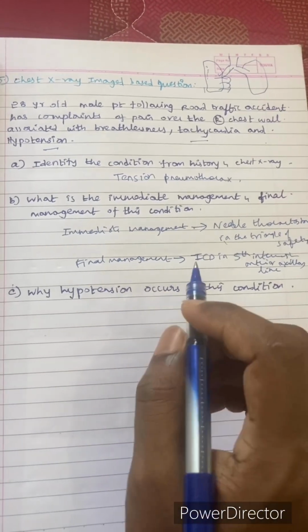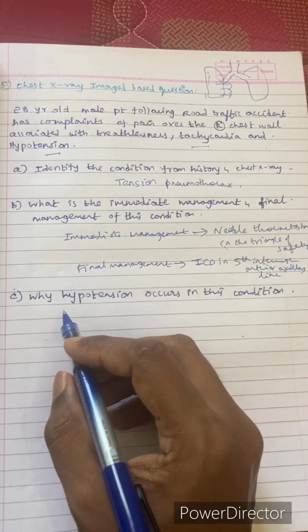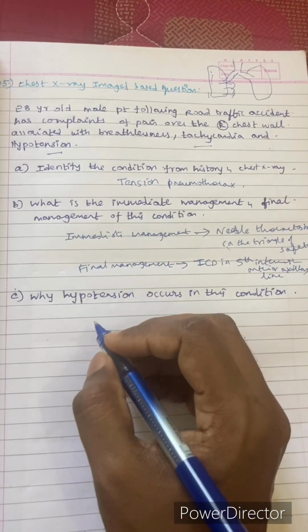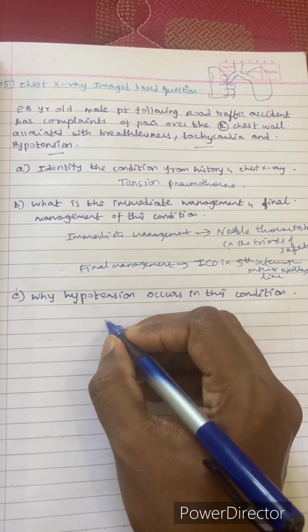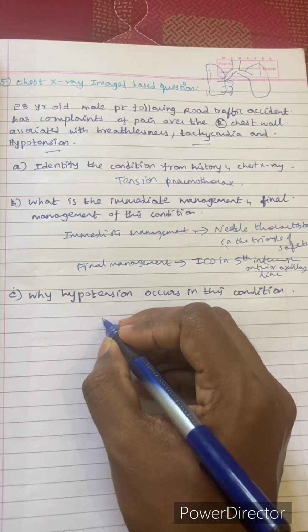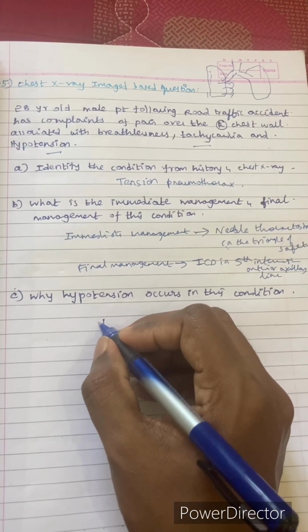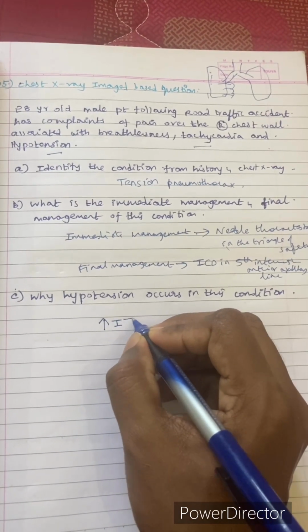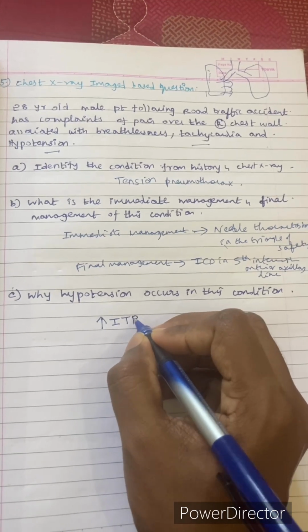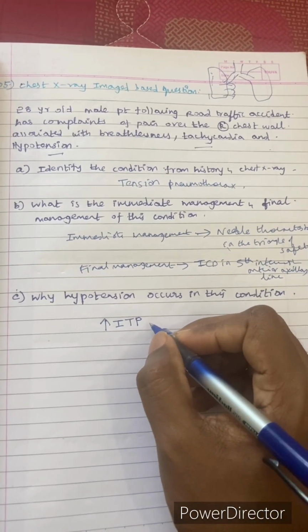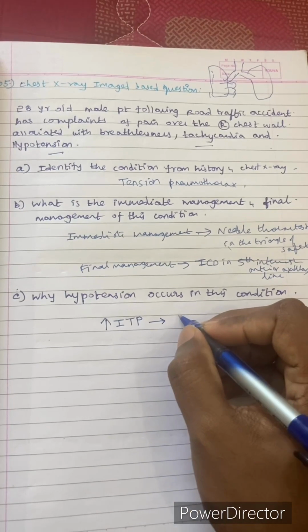And the third question is, why does hypotension occur in a patient with pneumothorax? You know, in pneumothorax the intrathoracic pressure will increase. So whenever the intrathoracic pressure starts to rise, the venous return to the heart decreases. In the IVC, the venous return to the heart starts to decrease.